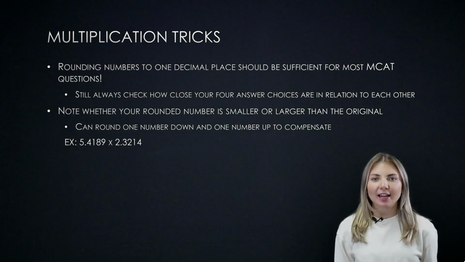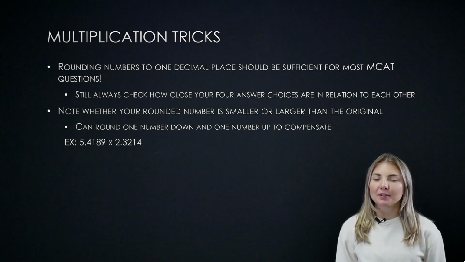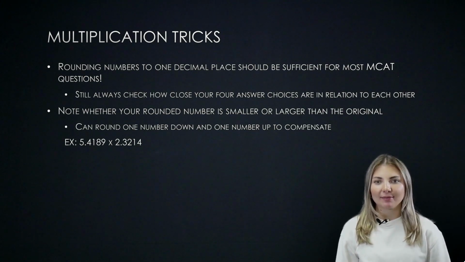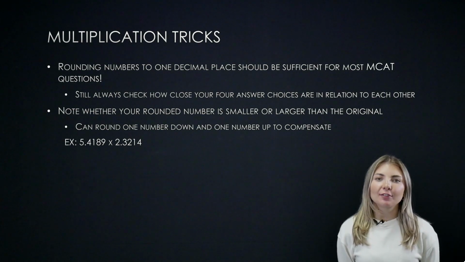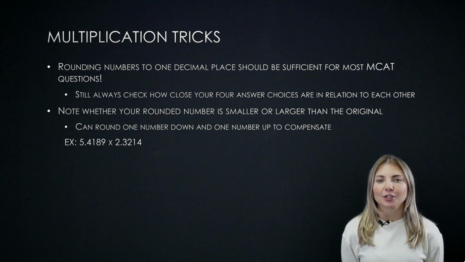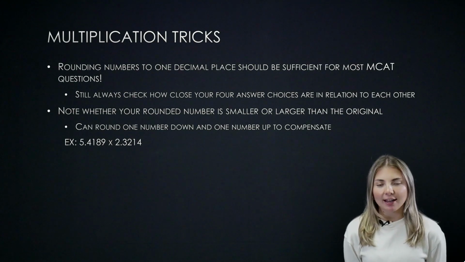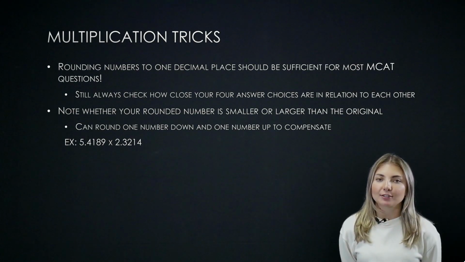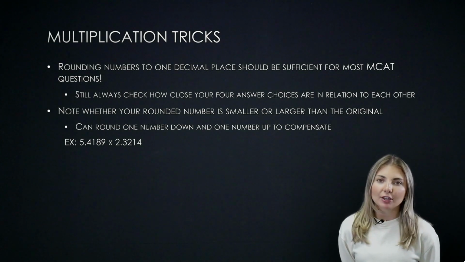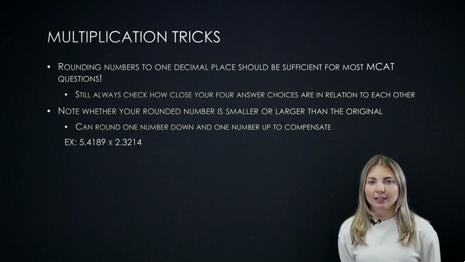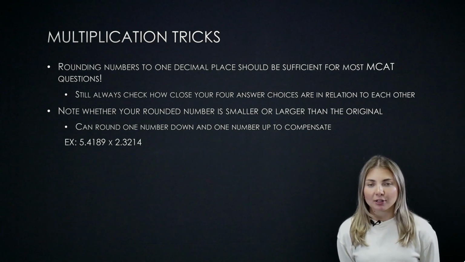The first trick that I'm going to go over is in regards to multiplication while you are estimating numbers on the MCAT. So first off, rounding numbers to 1 decimal point while multiplying should be sufficient for most questions on the MCAT. However, you should still always check how close your 4 answer choices are in relation to each other on each question, because this can differ significantly in how you're going to approach the question.